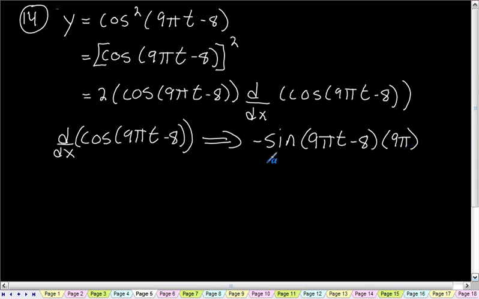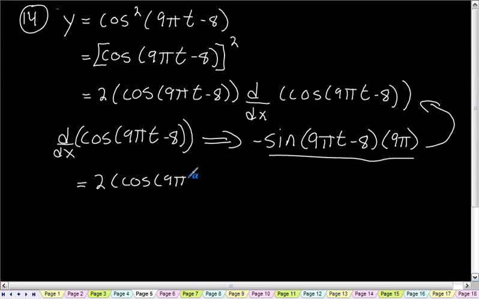Now we plug this back in for this, and we're left with cosine of 9 pi t minus 8 times the derivative, which we found to be negative sine of 9 pi t minus 8, times 9 pi. Multiplying across as much as we can, just to simplify it.